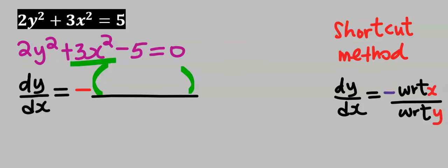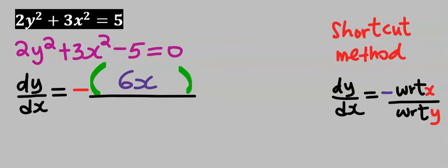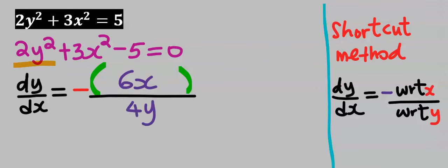Let's differentiate 3x squared, and we're going to get 6x. Next, at the denominator, let's differentiate 2y squared, and we're going to get 4y. 3x squared got no y, hence I will ignore it, and this got no y as well.